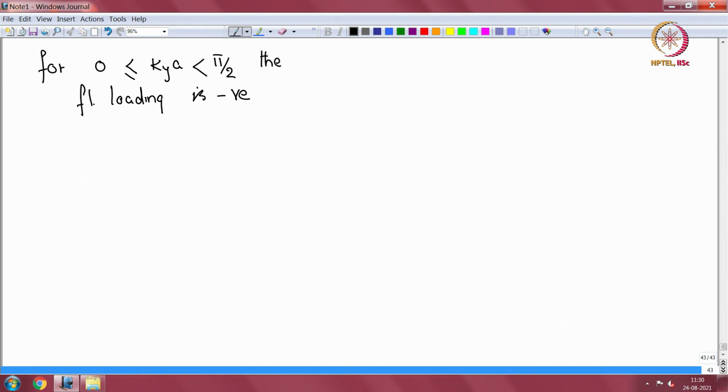Hence what happens when it's transferred to the left hand side, it's positive. On the left it is positive. And therefore it adds as stiffness.